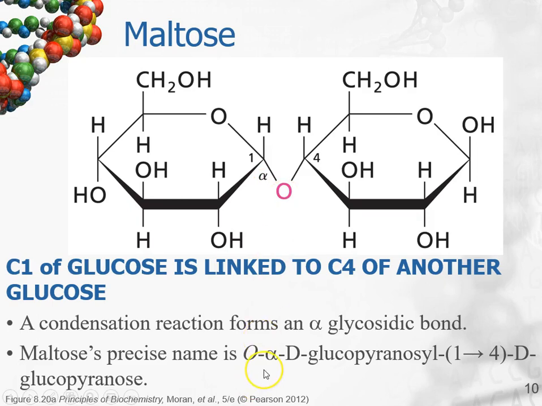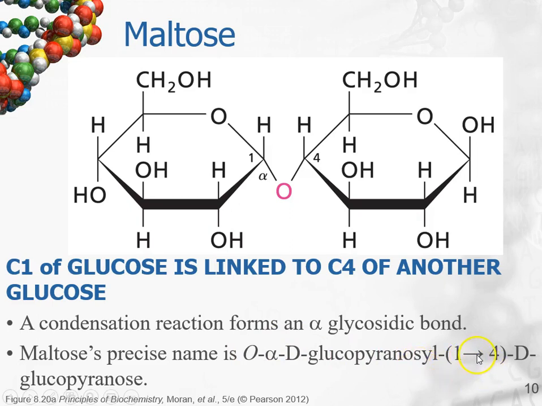If we wanted to name this precisely, it has a very long name, so we have O right here. That refers to this oxygen right here. And this is the sugar on the left. It's an alpha D glucopyranose. Remember from the last lecture that pyran means that the glucose is in its 6-membered ring form. And then there's a 1 here because the bond is between carbon number 1 of this glucose, the glucose on the left.